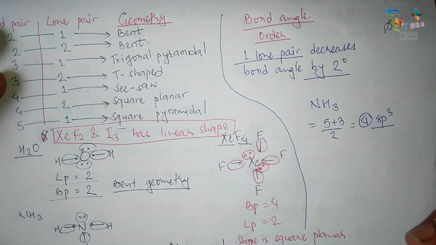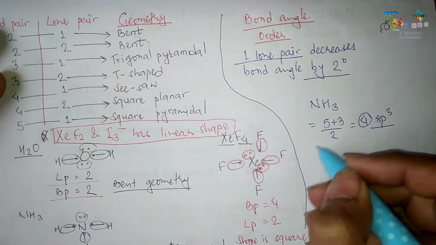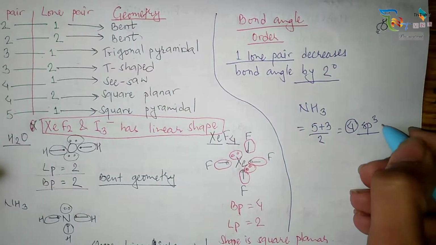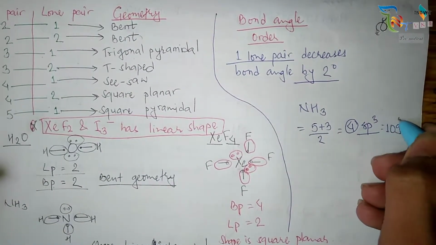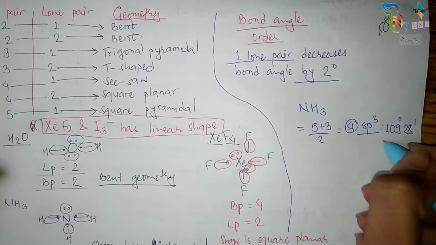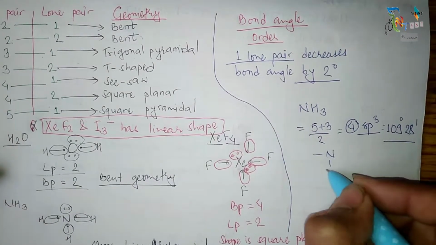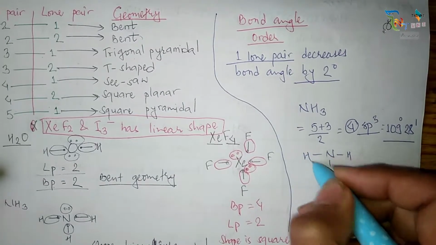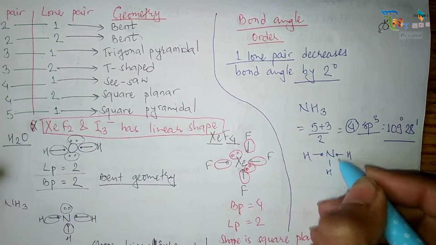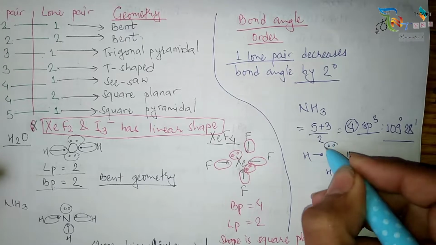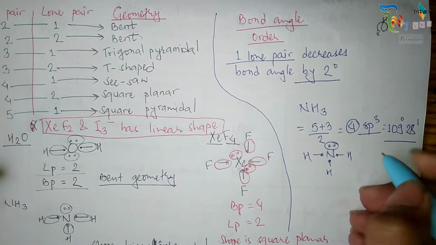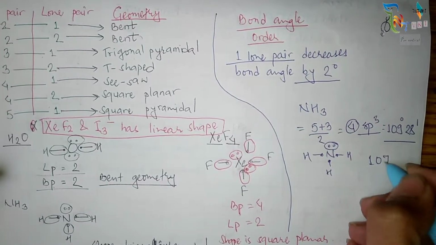We know sp3 hybridization has a bond angle of 109 degrees 28 minutes. But there is one lone pair, so it decreases by 2 degrees. It will be about 107 degrees.